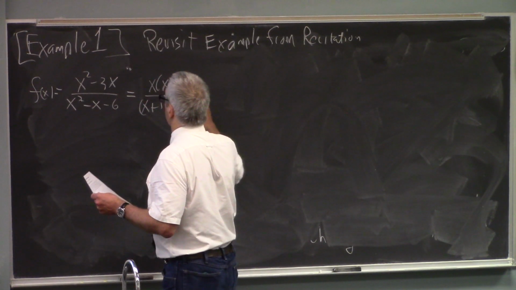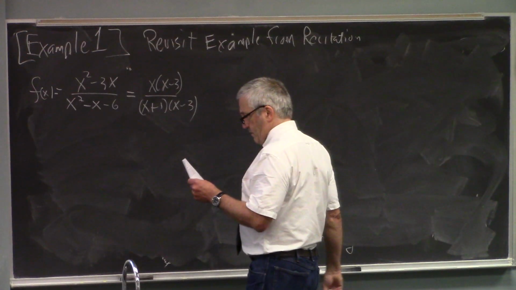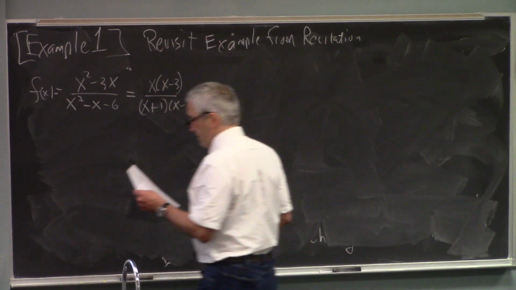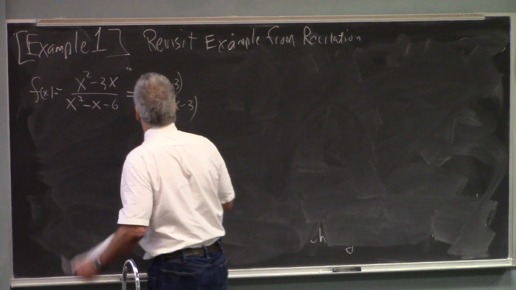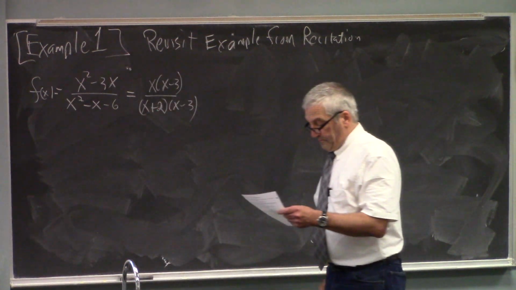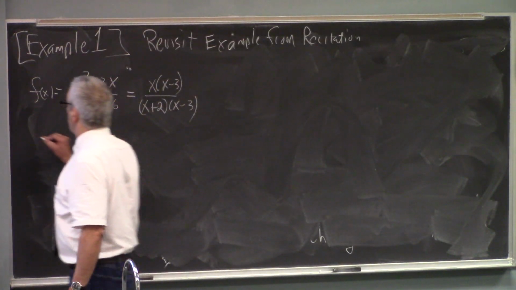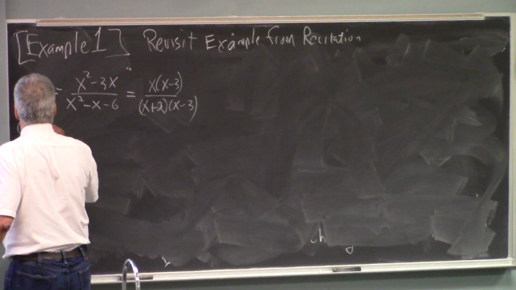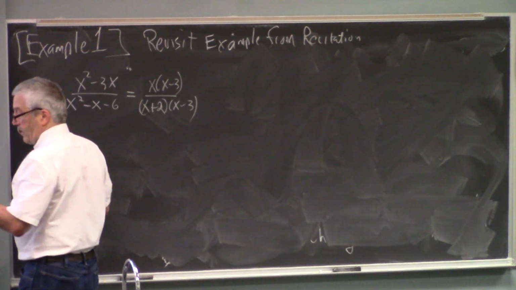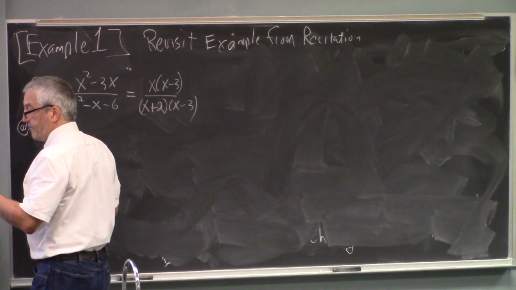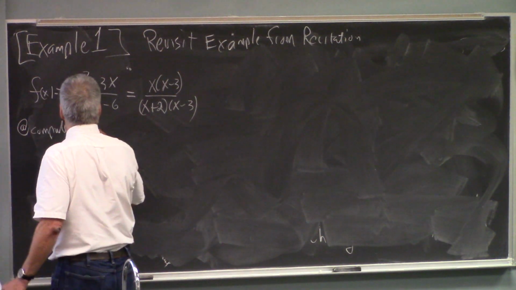X minus 3. Wait, that should be x plus 2, right? X plus 2, x minus 3. Okay, so let's compute the limit as x approaches 2 using those limit laws.